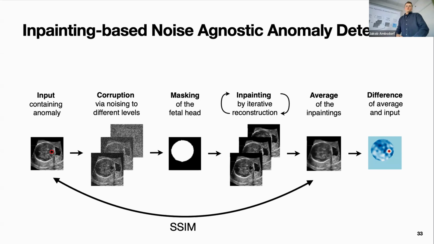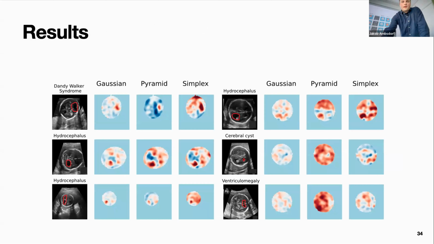Then to actually do the anomaly detection, you apply some metric on the reconstructed image and the original. For example, we used structural similarity loss, which is a pretty simple method, but we found it worked best in this case.